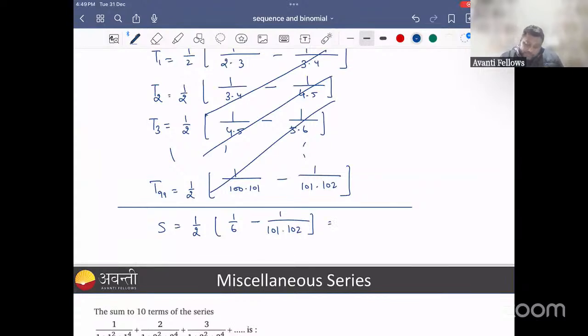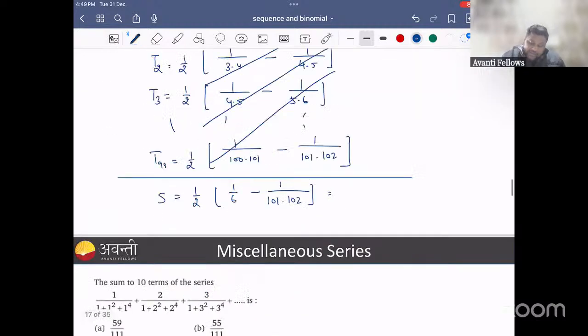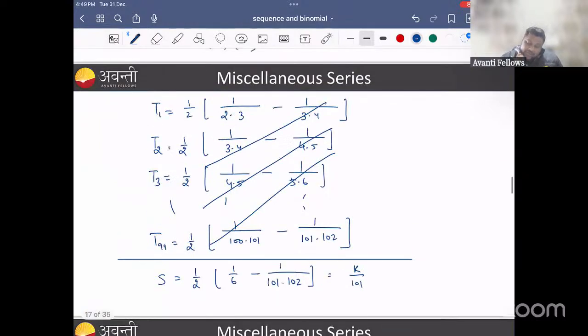They are saying this is equal to k by 101. So if I multiply it by 101, I will get k as 101 upon 12 minus 1 upon 102 into 2.